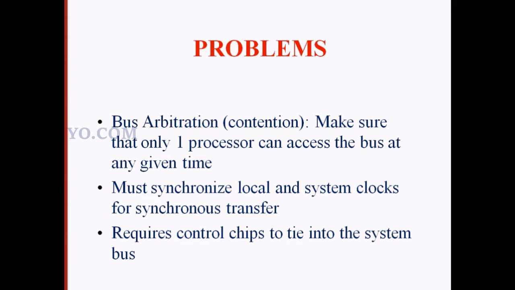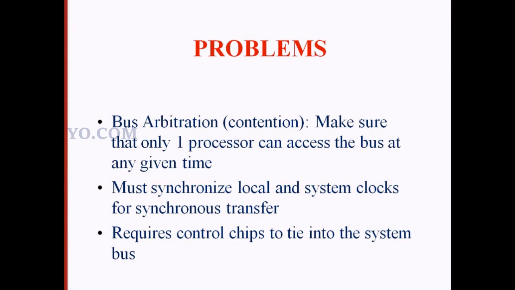We must synchronize local and system clocks for synchronous transfer, which is very important. It also requires a control chip to tie into the system bus. These are the problems raised in the loosely coupled configuration.